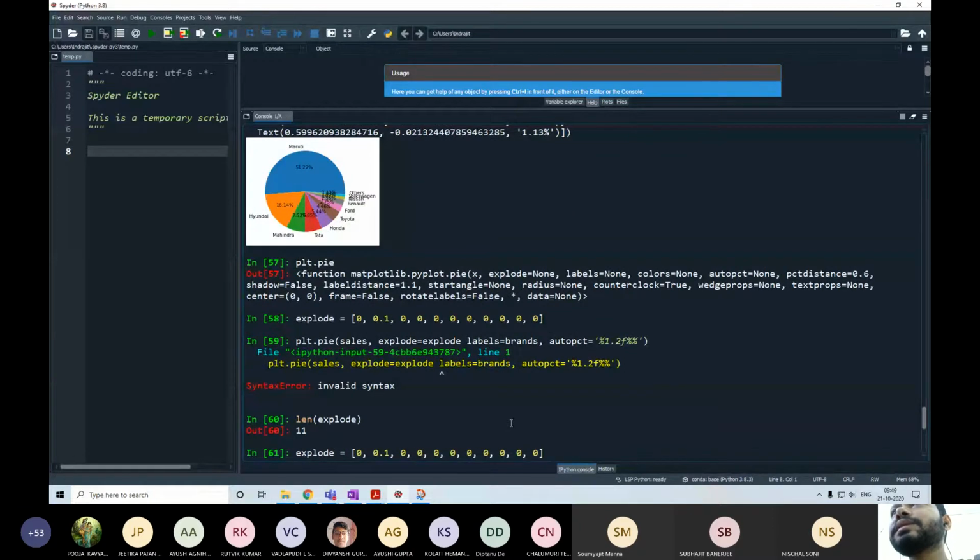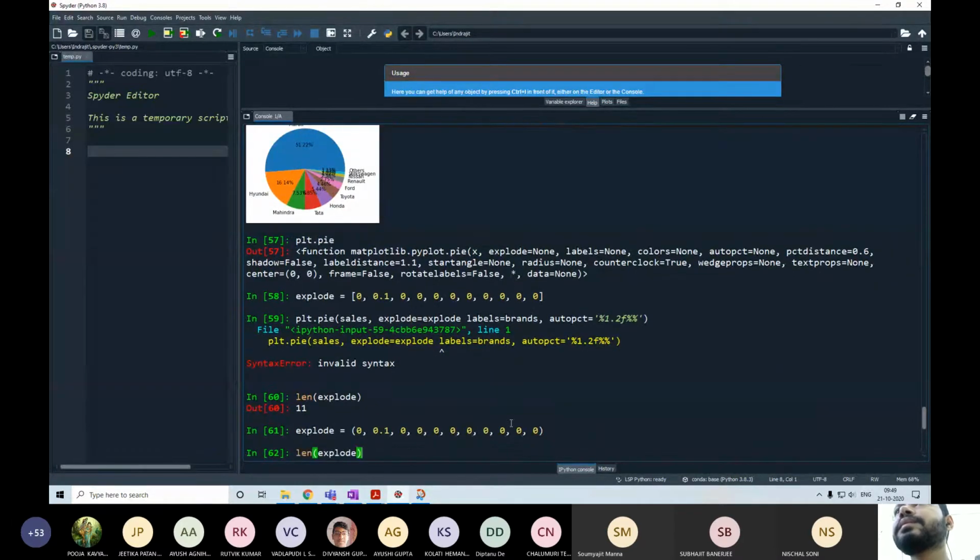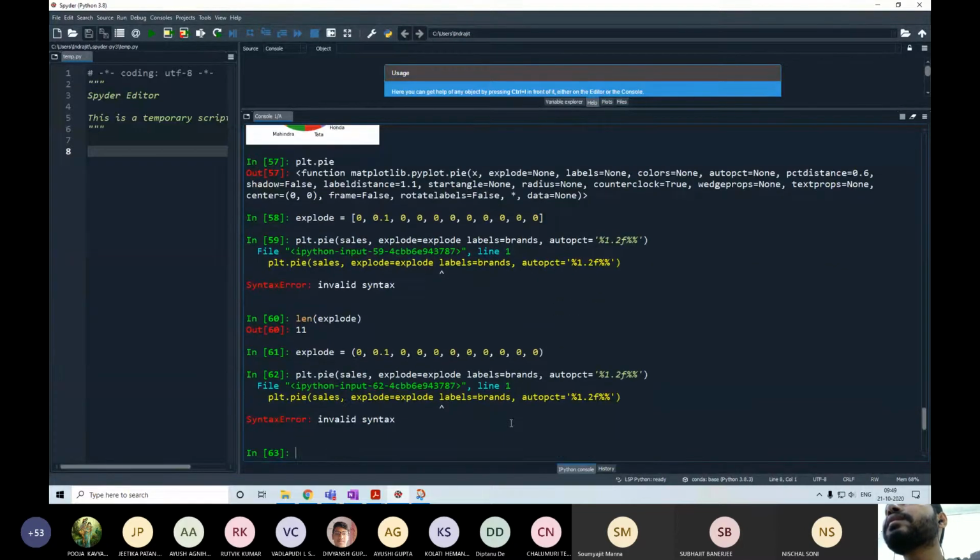Do I need to put it as an array or something like a tuple? I'm not sure why this is not working, but what is this explode?